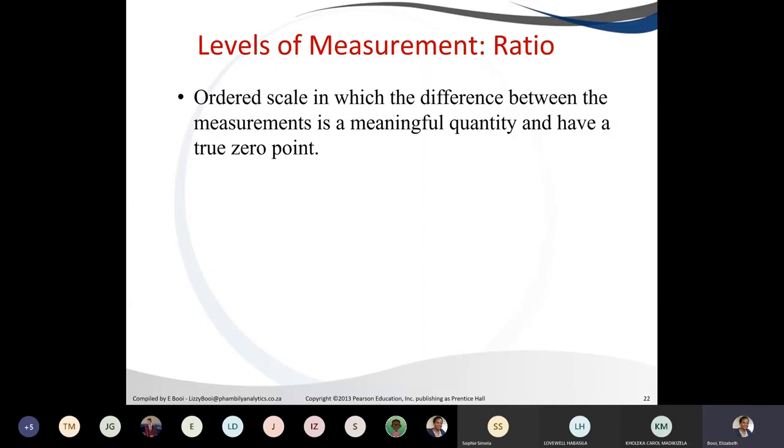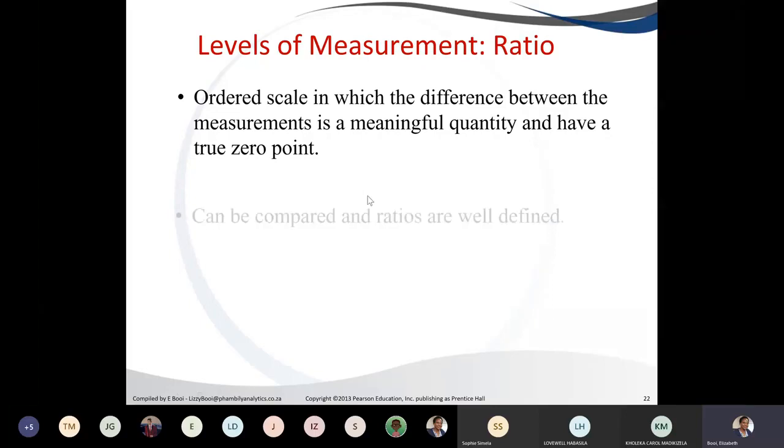The meaning of zero is there, because if you traveled zero distance, it means you didn't travel, you haven't gone anywhere. Zero means nothing, it doesn't exist, and that is the true meaning of zero that we're talking about.